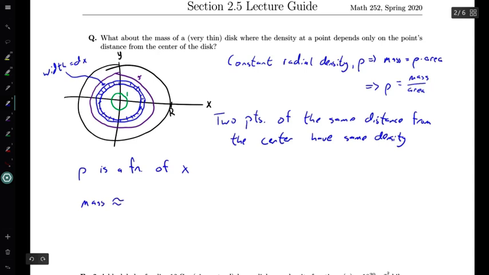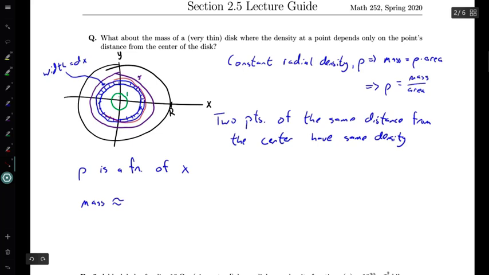is approximately equal to, well, if I chose this width to be small enough, the mass density is going to be roughly constant on this disk, because the mass density is certainly constant on the inner circle by how the radial mass density function works, and the outer circle is not very far away.